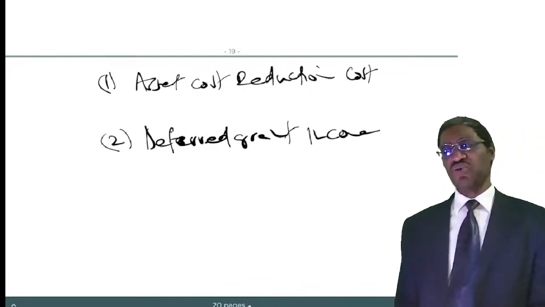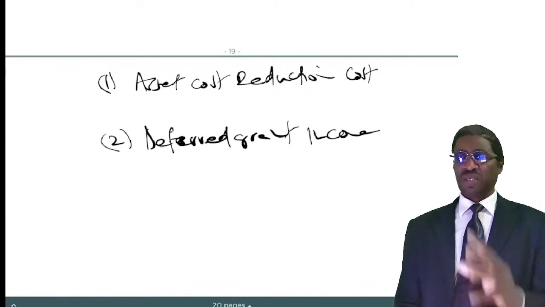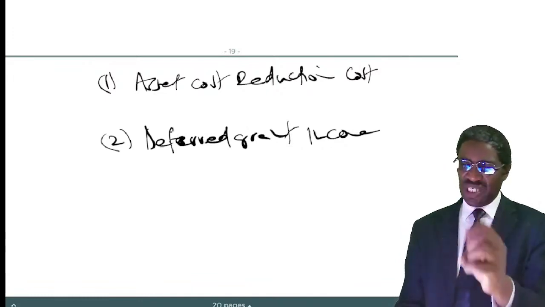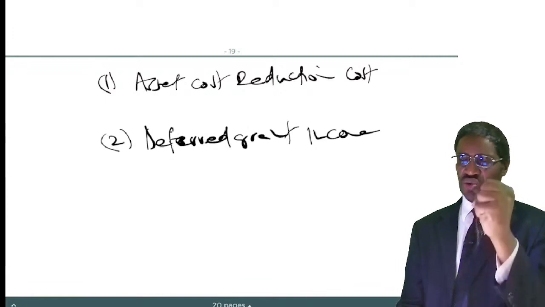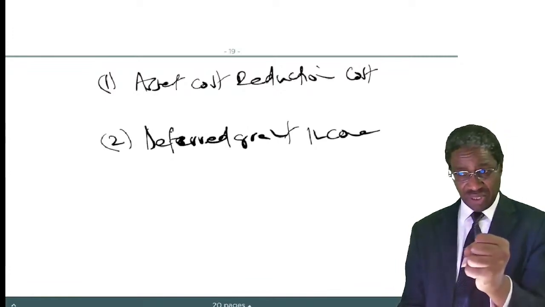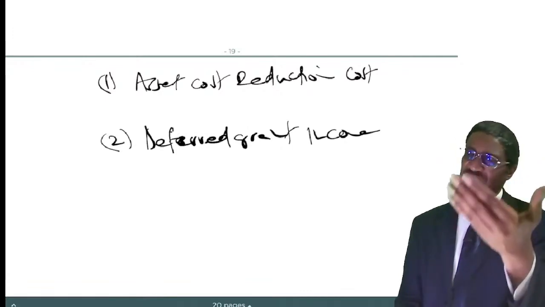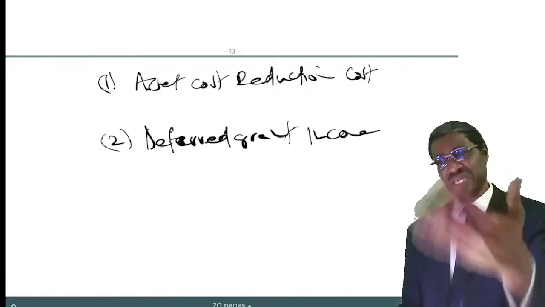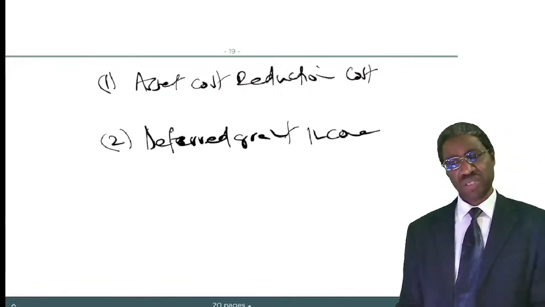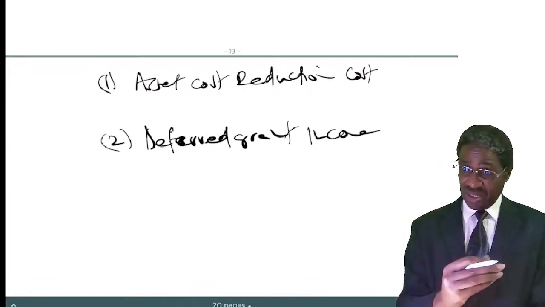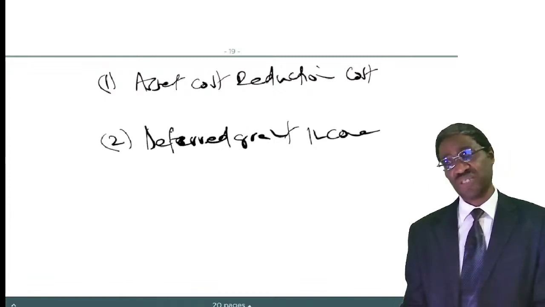Now listen, I told you this is a grant that you are receiving in relation to income. It could be that you are given a grant towards the running of your business. When you receive that grant, just consider it as an income straight.